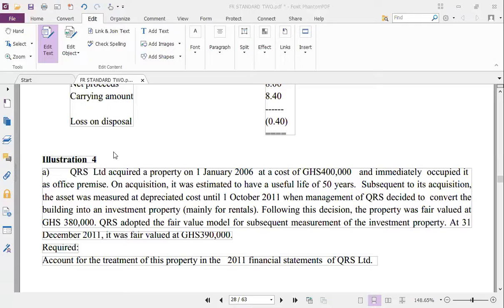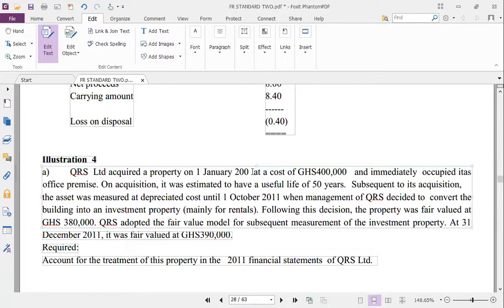That means for 2006, in fact 2011, it's supposed to be 2011.